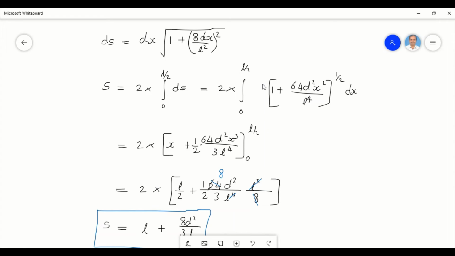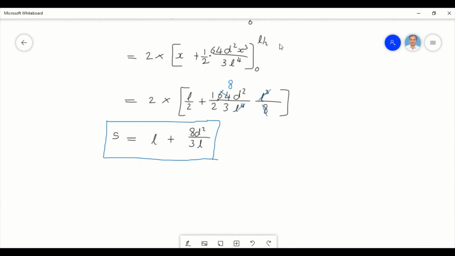And since this is in the square root, I can use the binomial expansion, and I will ignore higher order terms. So this can be written simply as 1 plus 1 by 2 times this whole thing. And when I integrate, I will get 2 times x plus 1 by 2 into 64d square x cube divided by 3l power 4, and the range is from 0 to l by 2.